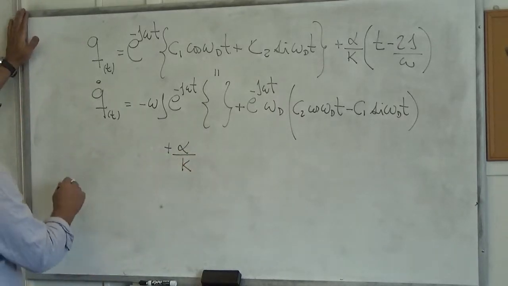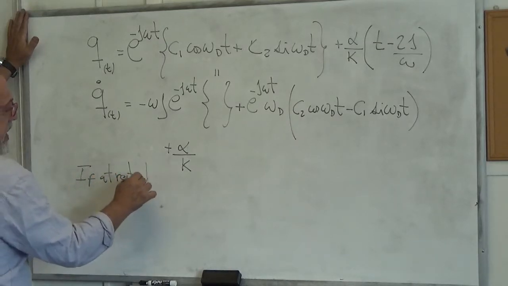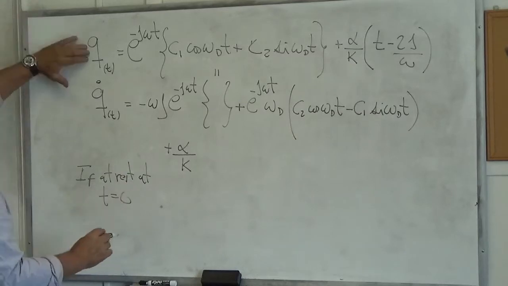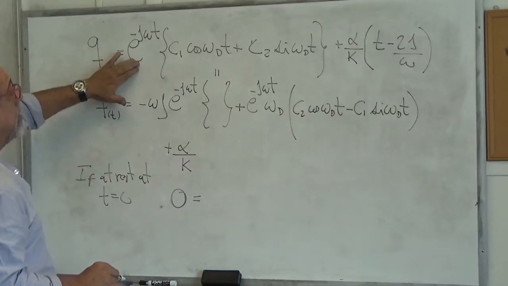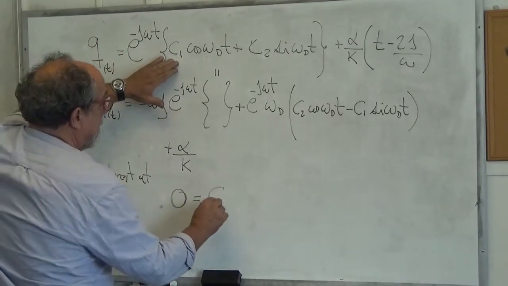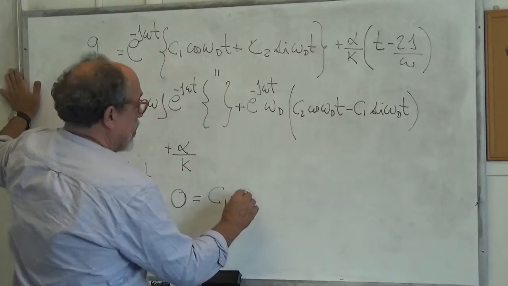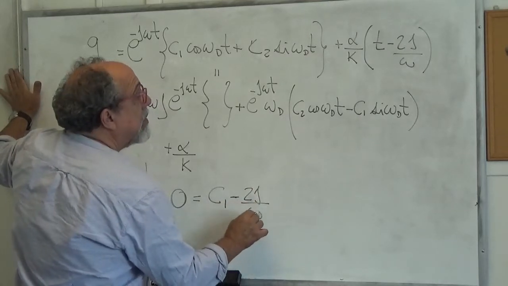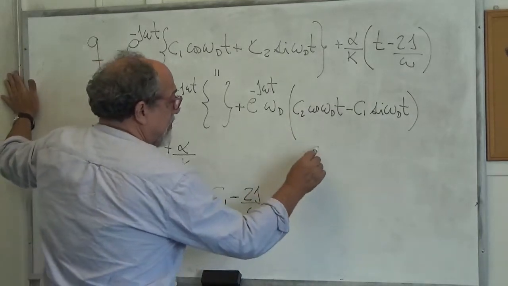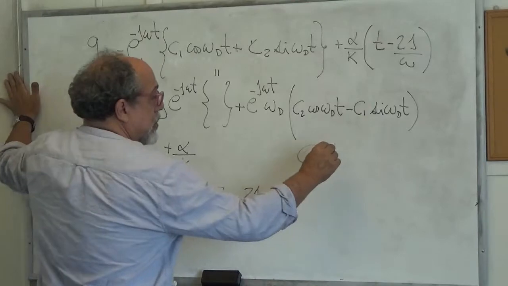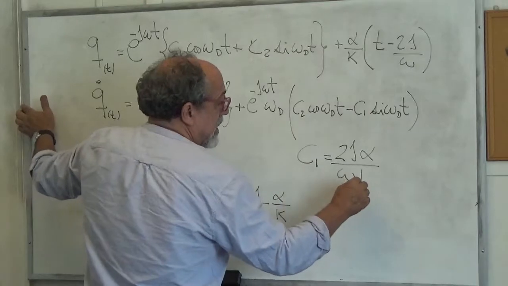Then we would say if the system is at rest at t equal to 0, then we would have 0 equals 1 times C1, minus 2 ratio critical damping over omega times alpha over k, from where it follows that C1 is equal to 2 ratio critical damping alpha divided by omega divided by k.